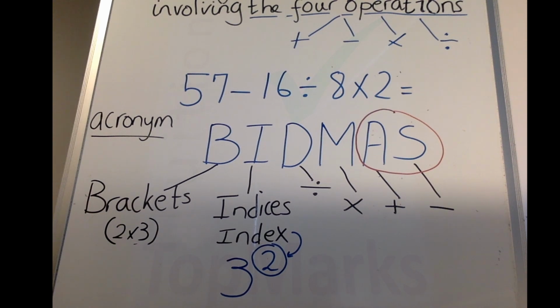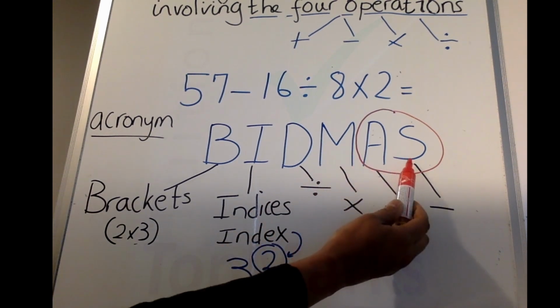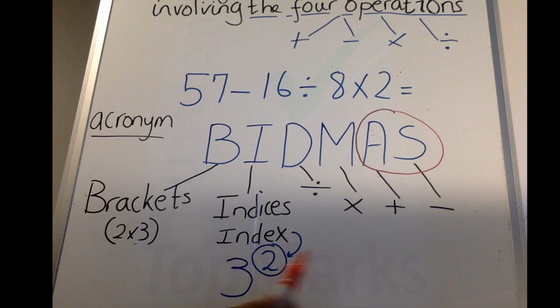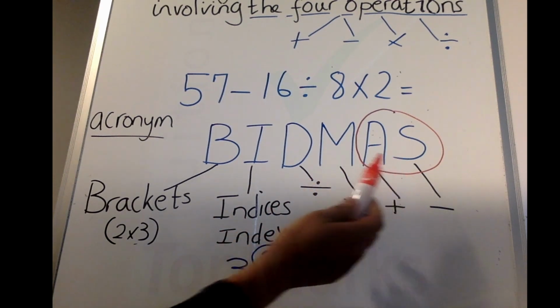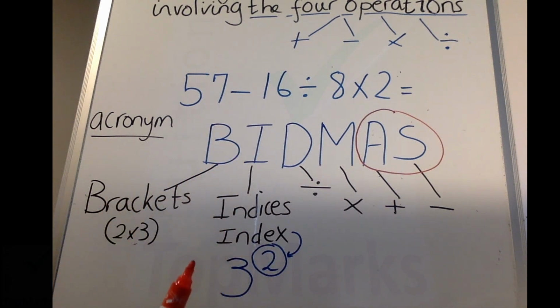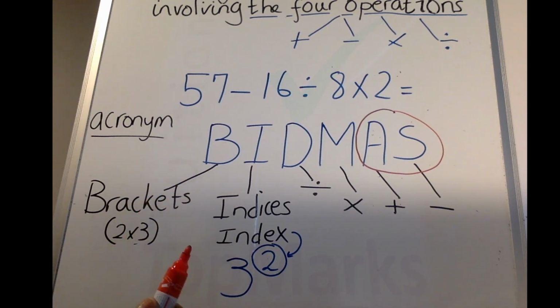That's correct. However, we do the addition and subtraction as they appear in the operation. So what we are saying is that when we have addition and subtraction, they carry equal weighting. They are equally as important. We consider addition and subtraction to be of equal importance.